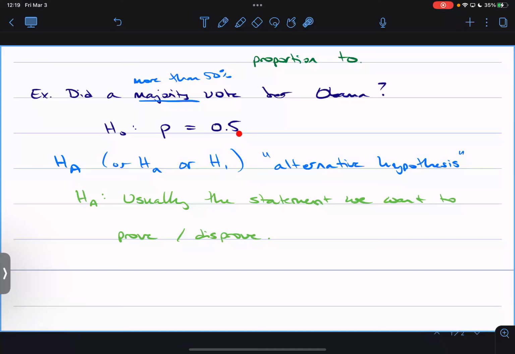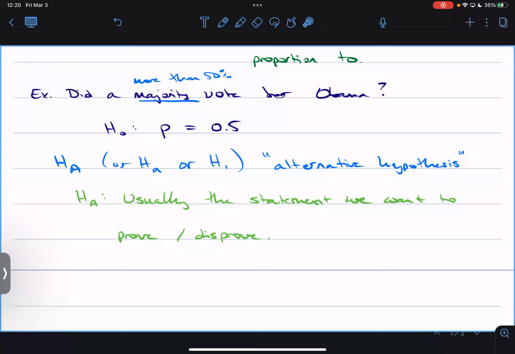So how does P compare to 0.5? The only thing that's going to change is the equal sign. Now it's going to be either not equal to, or greater than, or less than. We're going to have three options, and those are going to depend on the question.